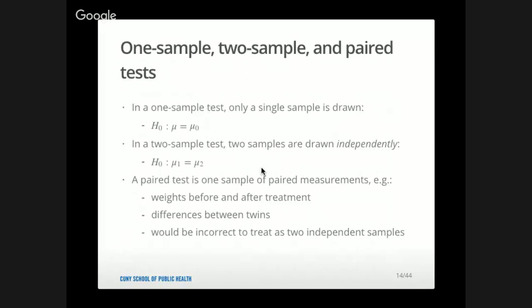And then in the paired test, it's a single sample, but we calculate differences between paired observations. Some examples would be weights before and after a treatment, any sort of a difference between twins, anything where you have a naturally paired measurement.